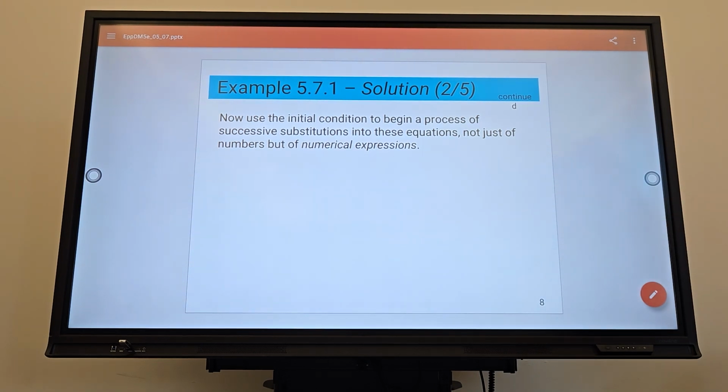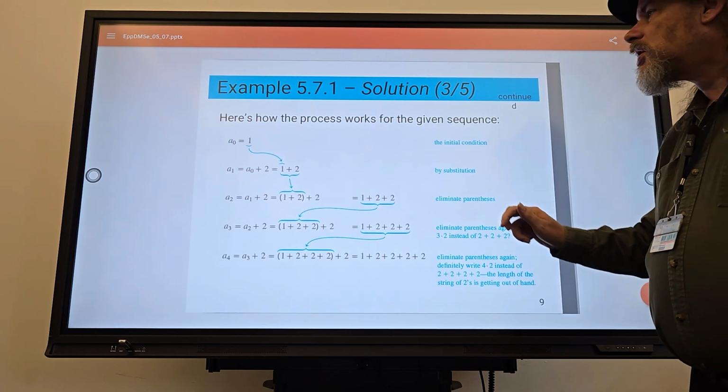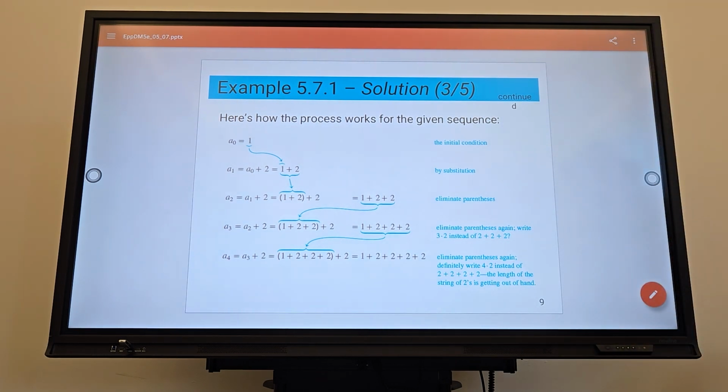Now we use the initial condition to begin the process of successive substitutions into these equations, not just of numbers, but of numerical expressions. Here's how the process works for the given sequence.